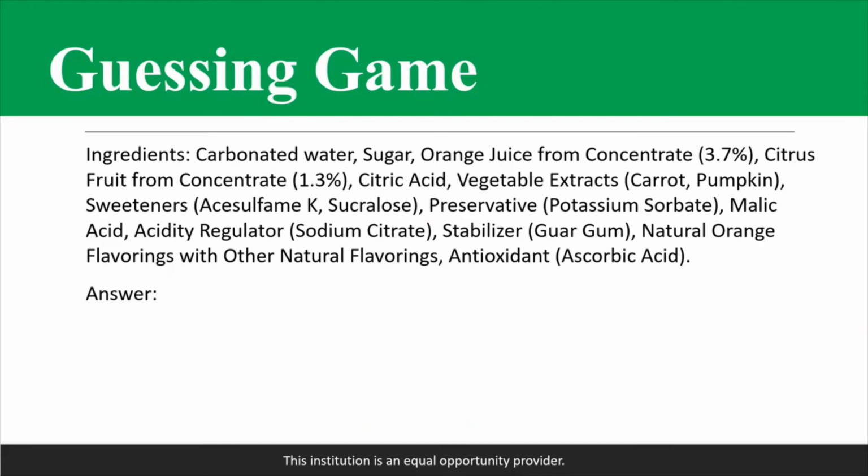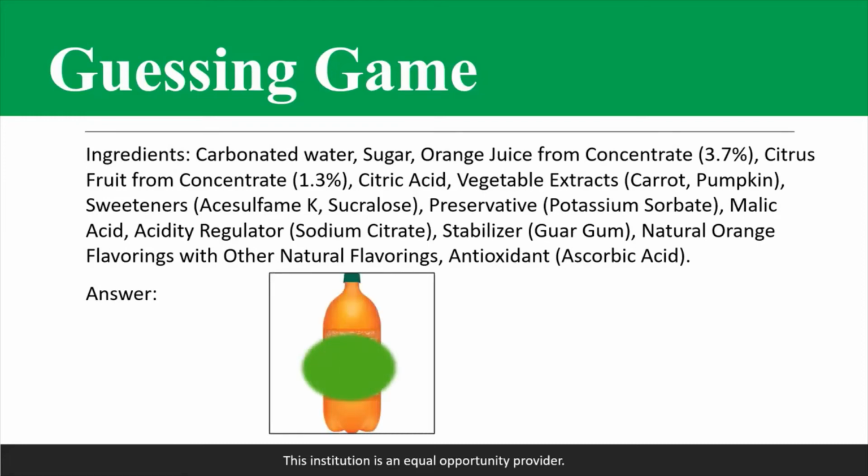Let's do another. So this one, the first few ingredients, we have carbonated water, we have sugar, orange juice from concentrate, citrus fruit from concentrate, and so on. So take a second, think about what this could be. All right, so this one we have an orange soda, which makes sense.